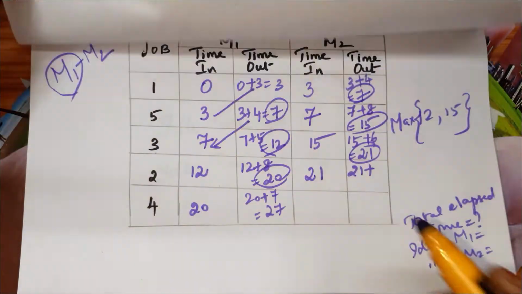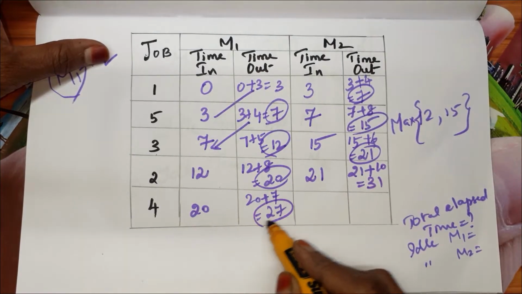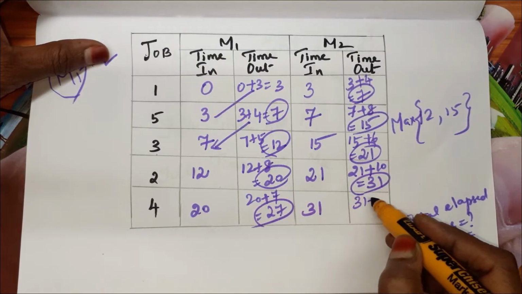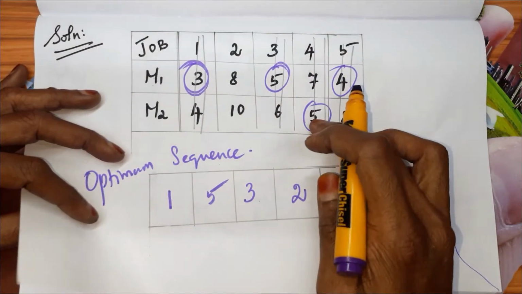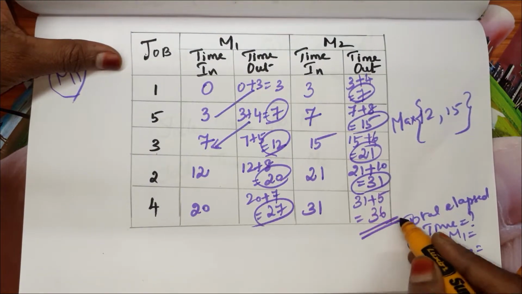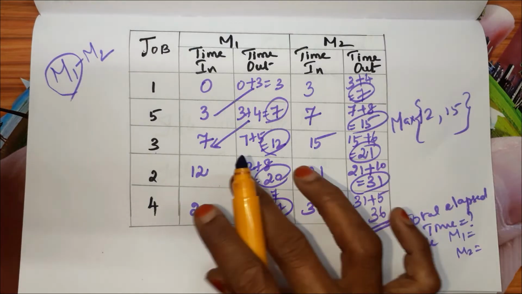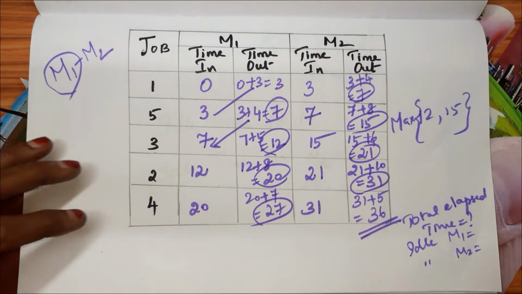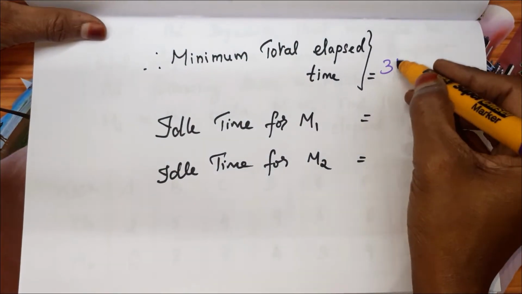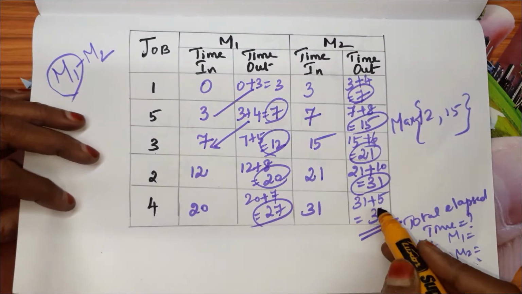Job 2 in machine 2 is 10. So 21 plus 10 is 31. 27, 31. So 31 is the maximum. 31 plus, for job 4 in machine 2, is 5. So it is 36. So this is the last time duration for processing all the jobs in both the machines. So the total elapsed time that we have to write now is 31 hours. I'm sorry, 36 hours. Okay, 36 hours.